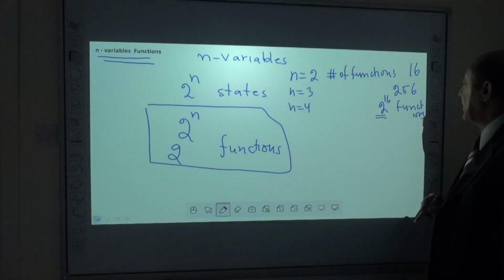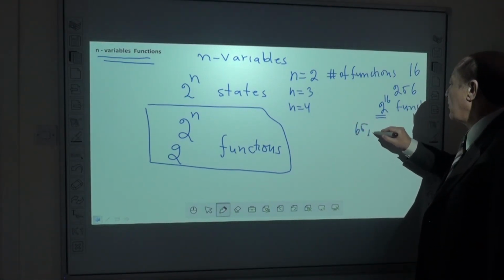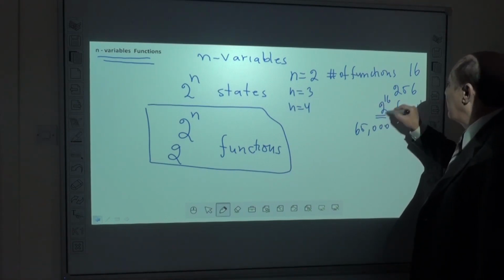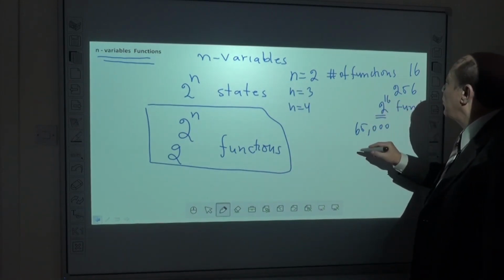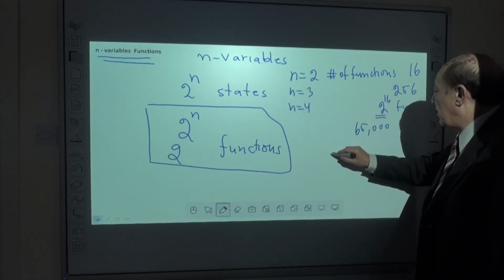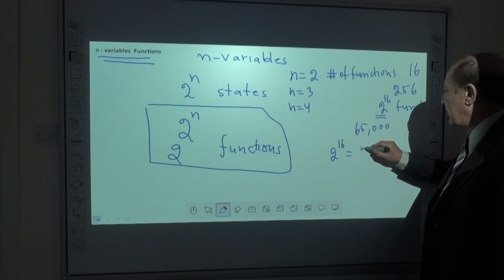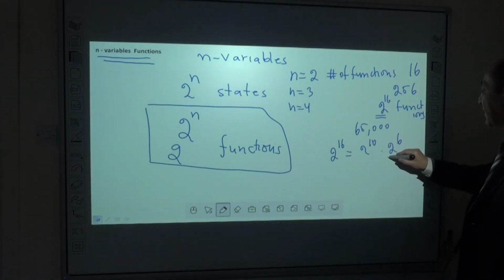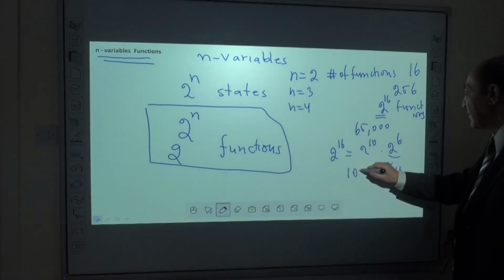This is more than 65,000 and something, because 2 to the power 16 is equal to 2 to the power 10 multiplied by 2 to the power 6. This is 1024, and this is 64.